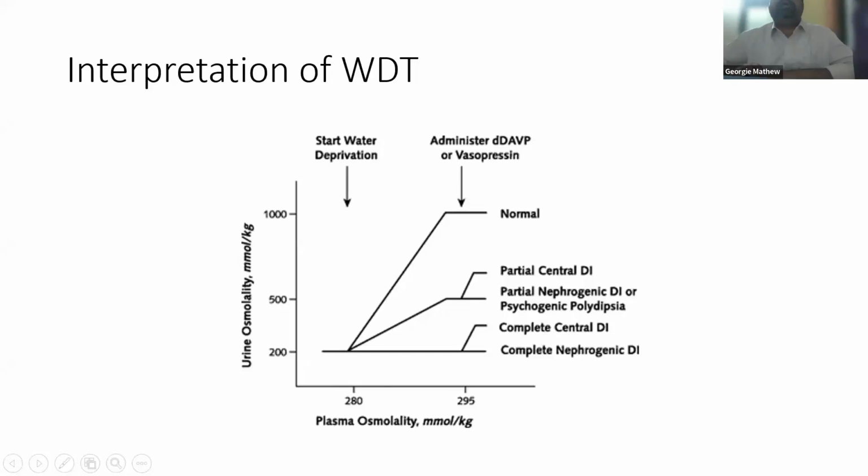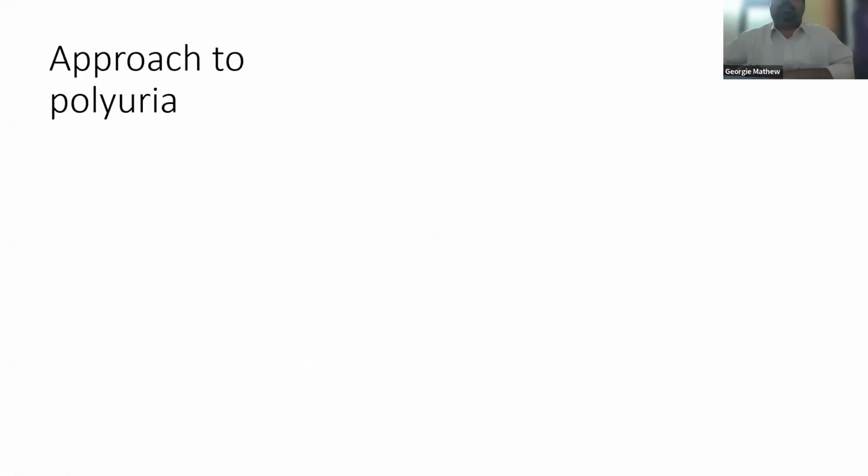That means when the plasma osmolality crosses 295 or even 300, the urine osmolality is still very dilute. If there is a response to vasopressin, that means there is deficiency of vasopressin. If there is no response to vasopressin, it is usually AVP resistance. Please look at your own protocols for further detail.